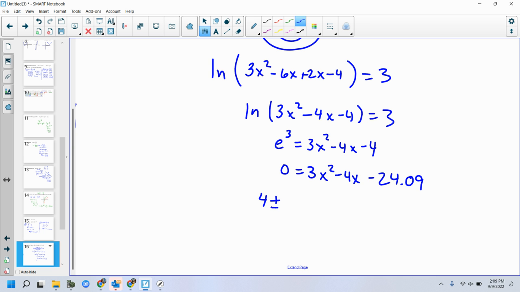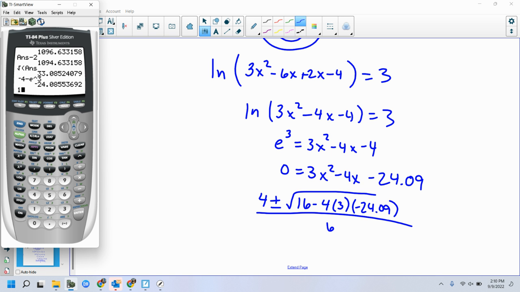Opposite of b, plus or minus the square root of b squared minus 4ac, all divided by 2a. Okay, go in the middle. 16 minus 4 times 3 times negative 24.09. I'm going to take 4 plus 305.08 divided by 6. So here's my first answer, 51.51.